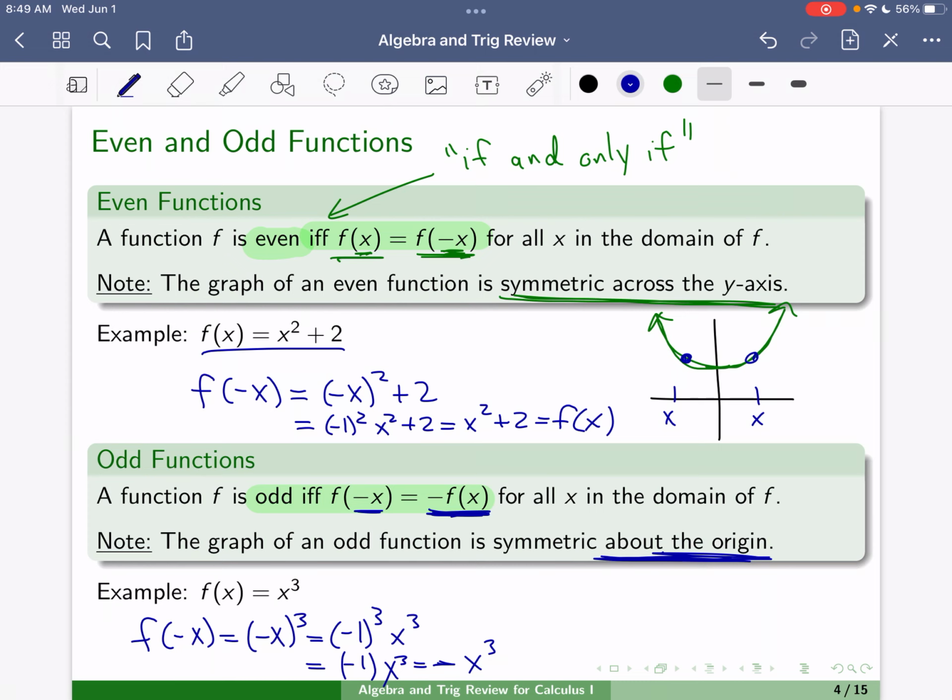But x cubed is just f of x itself. So we have the negative of f of x. And so when we plug in negative x, our output is the negative of f of x. And so something like this is symmetric about the origin.